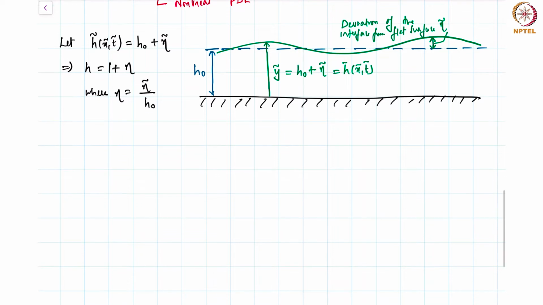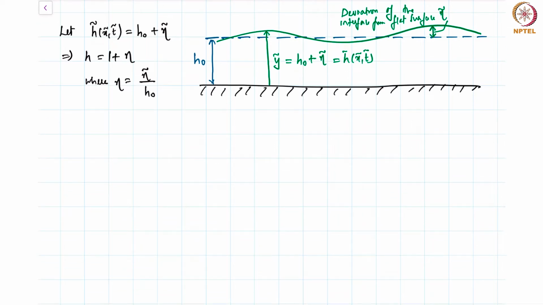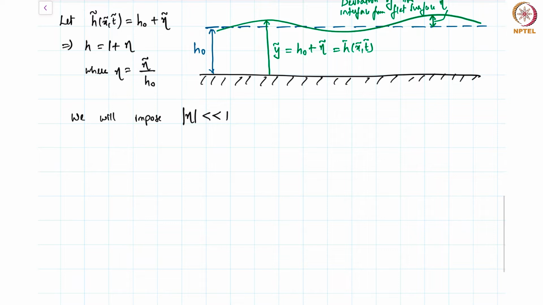Okay. We will also say that the magnitude of this eta is much smaller than 1. So in other words, 1 plus eta is approximately 1, okay, but with a small term.